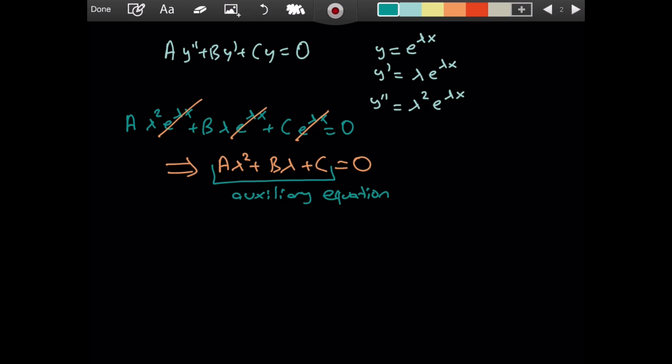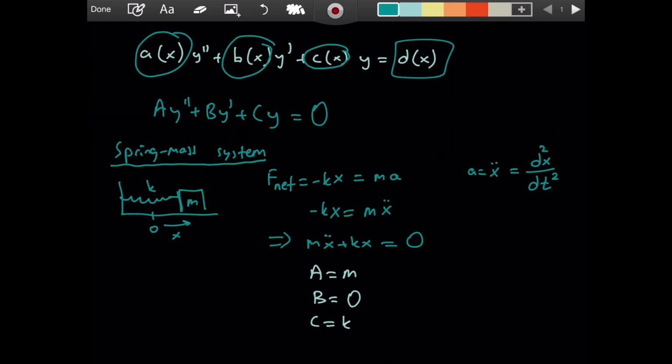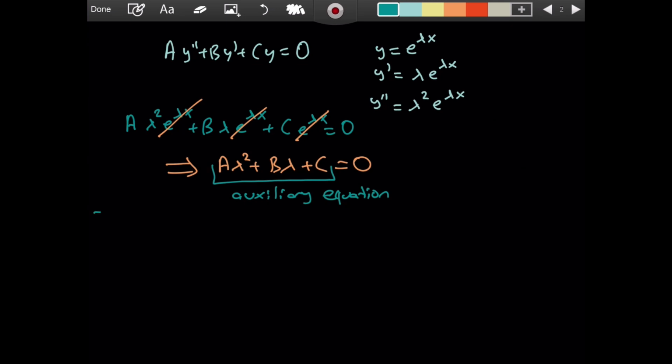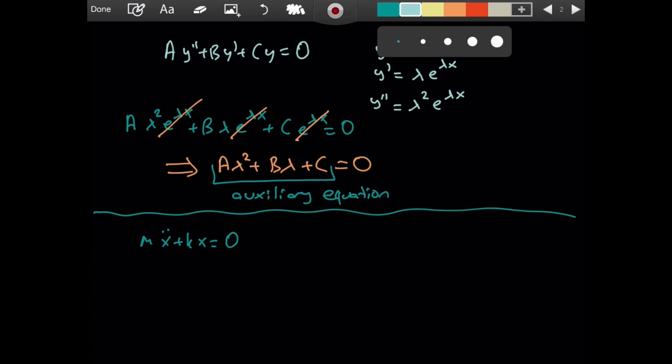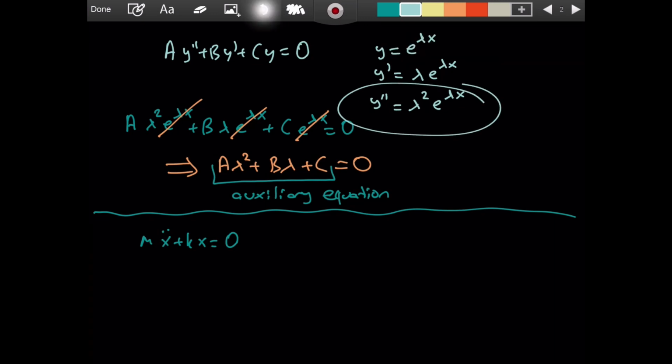So for the spring mass system, let me return to the page. Well, let me write it. For the spring mass, we have m x double prime plus k x equaling 0. So if I substitute these into our expression, and this time instead of y we have x, that changes nothing.